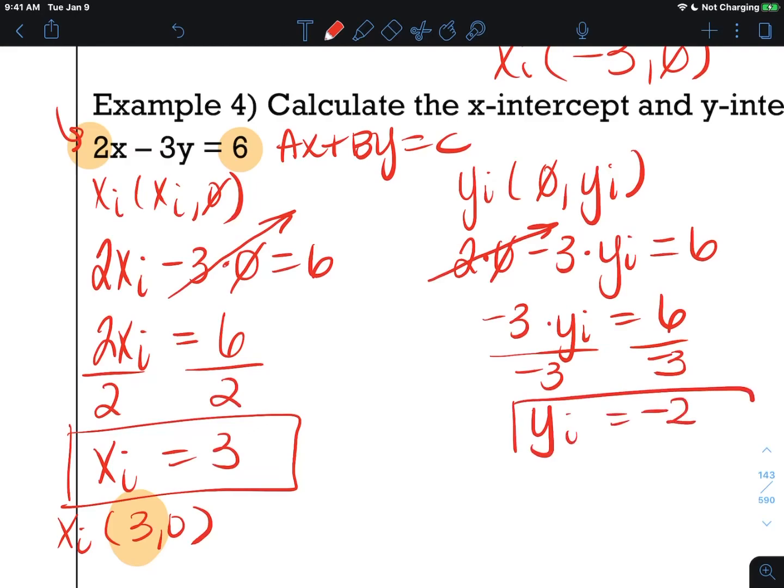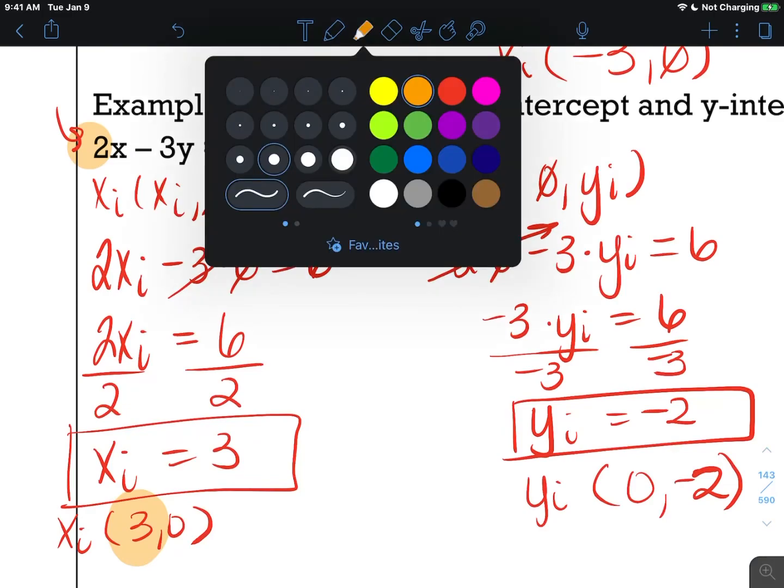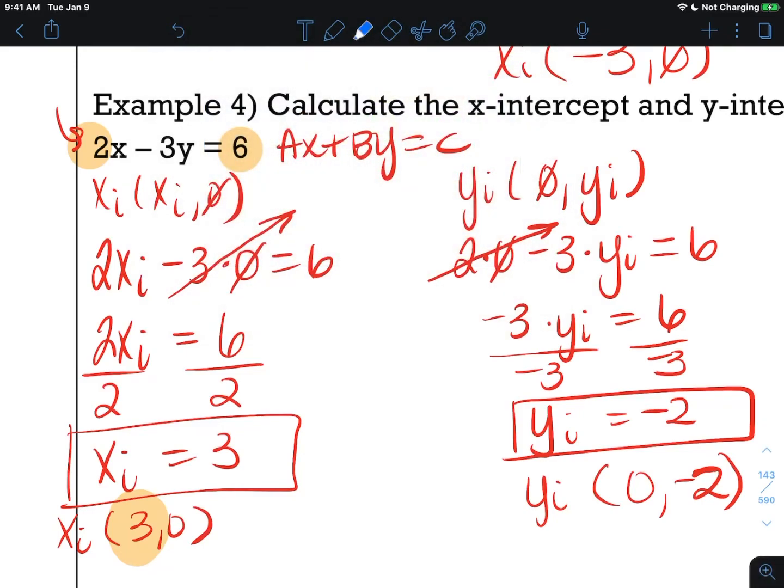And I end up with -2, meaning my y-intercept is located at (0, -2). Let's verify this. So -2 should be equal to c divided by b. 6 divided by -3 is in fact equal to -2. So there you have it.